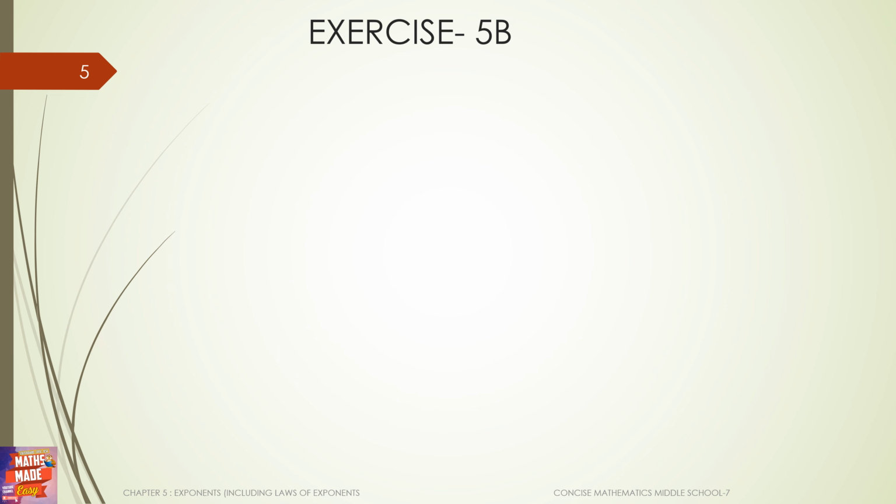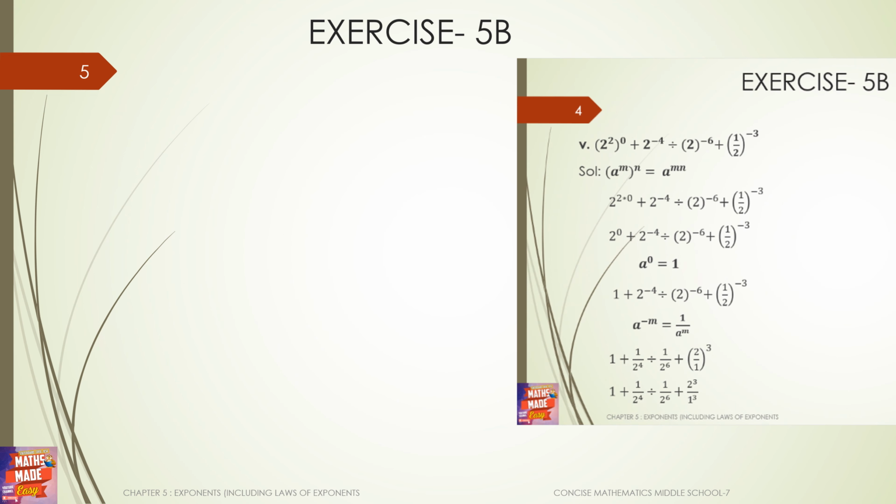Now here you have to follow one more thing, children. According to the DMAS rule, you have to do the division first, right? So you need to take this part first. Division. Let me take my pen.